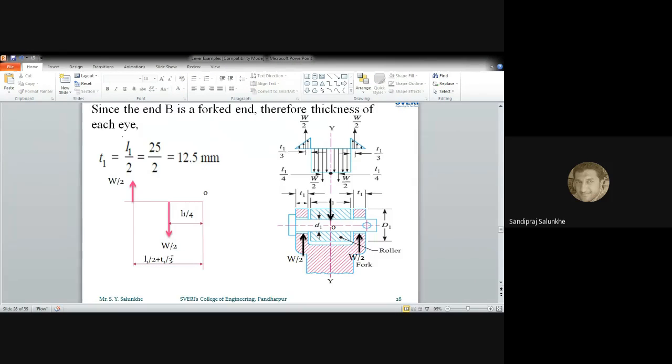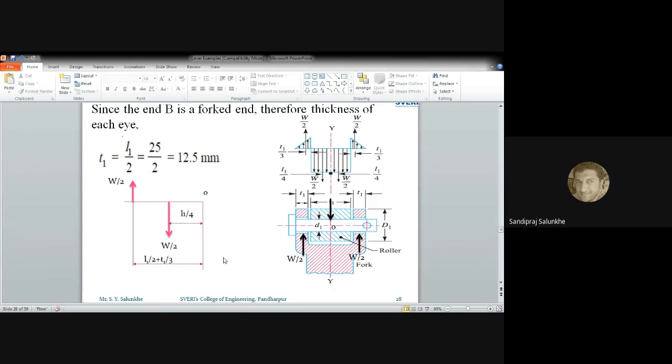Okay, so what will be the bending moment now at point O? Who can tell me?